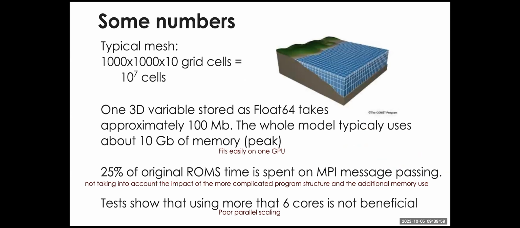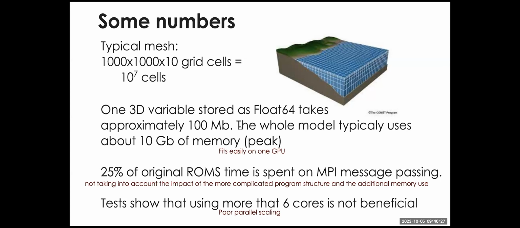So just to give you some context, the typical problems that we have have a mesh of 1000 by 1000 nodes in horizontal, and then around 10 nodes in the vertical dimension. So one 3D variable, like for example the temperature, that we have to store as double, takes approximately 100 megabytes.